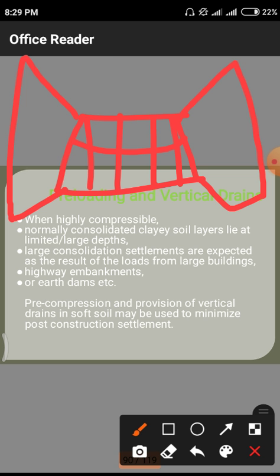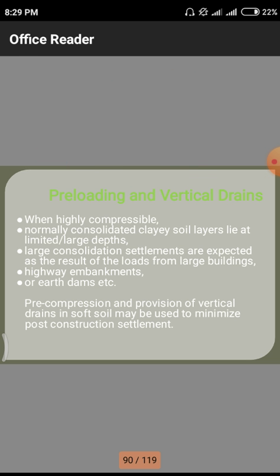At the back side of the dam there is a huge amount of water stored, so the dam looks like that. These are embankments one and two, so we need to use preloading techniques and vertical drains for the embankments also in the case of dams and others.